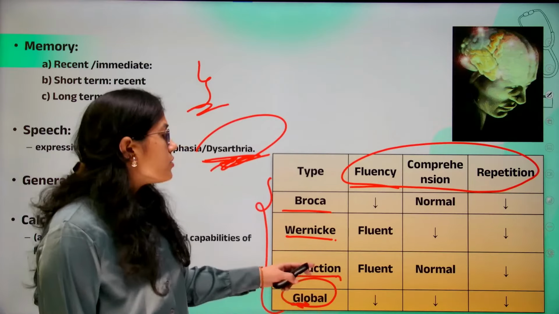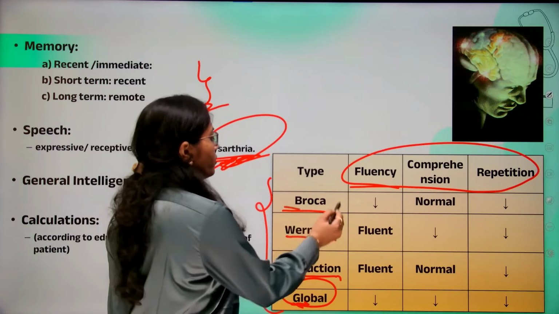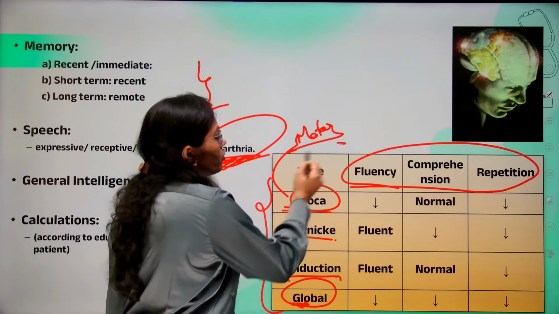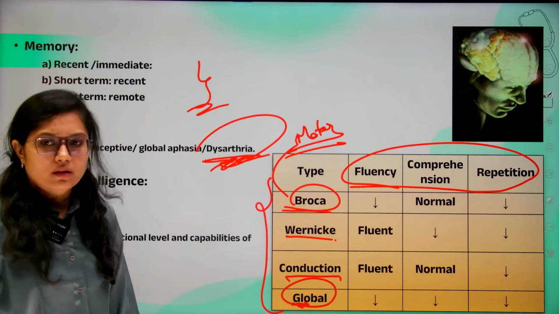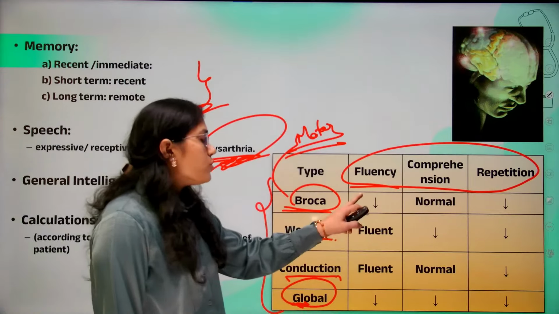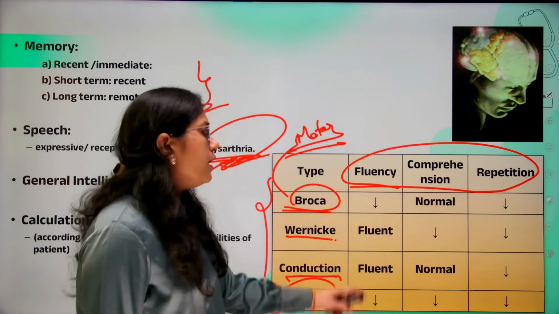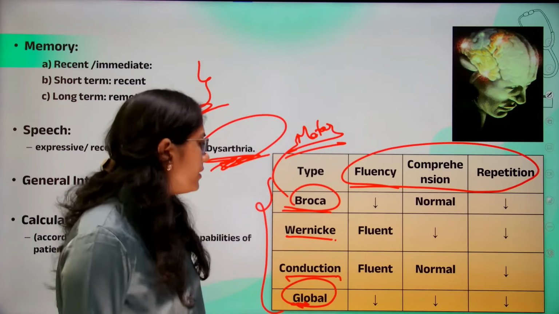First is Broca's aphasia. Broca's is also considered a motor aphasia, where the motor component is more affected. So fluency will be reduced, comprehension is somewhat normal, and repetition is also reduced.